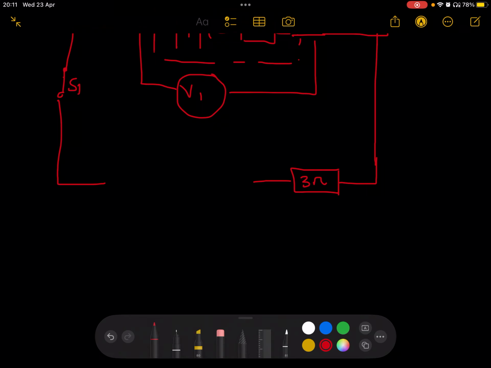When it comes to parallel, I like to use color coding to show that there is current that is being split up.